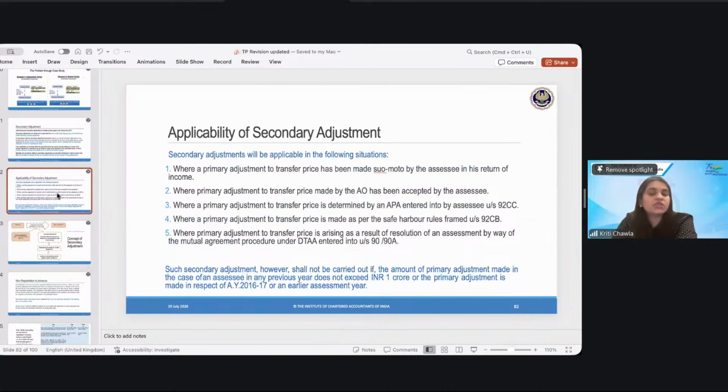So this is the slide which says when secondary adjustment will be applicable.